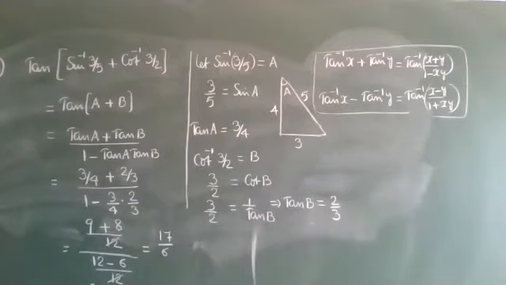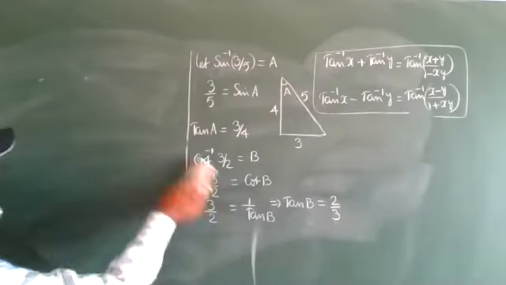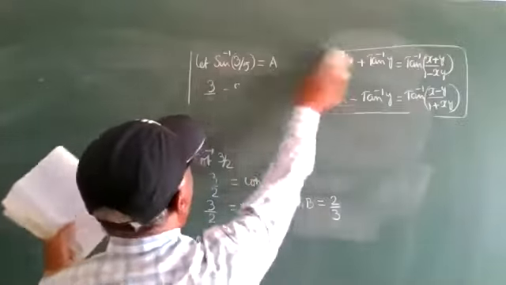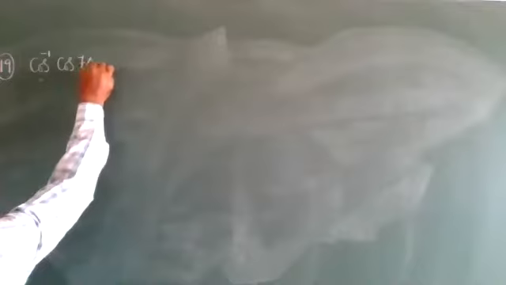Everyone come to the 19th problem. The 19th problem is cos inverse of 7 pi by 6.